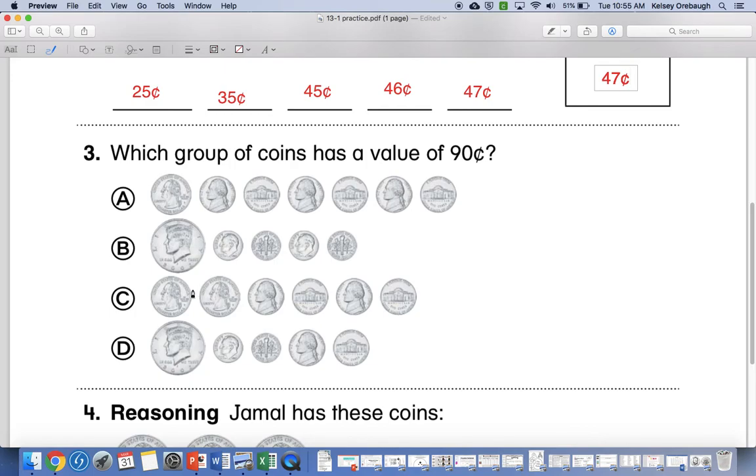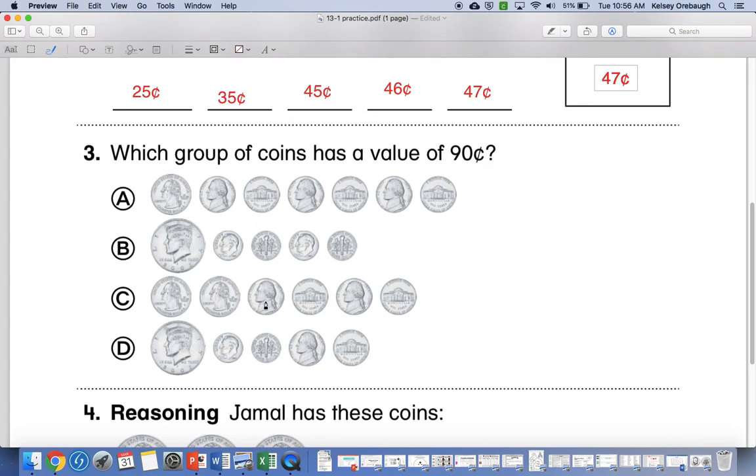All right. C has 2 quarters, and the rest are nickels. Quarters are worth how much? 25 cents. Nickels are worth how much? 5 cents. We'll start by adding the 2 quarters and then count on by 5s. 25 plus 25 is 50. 25, 50.